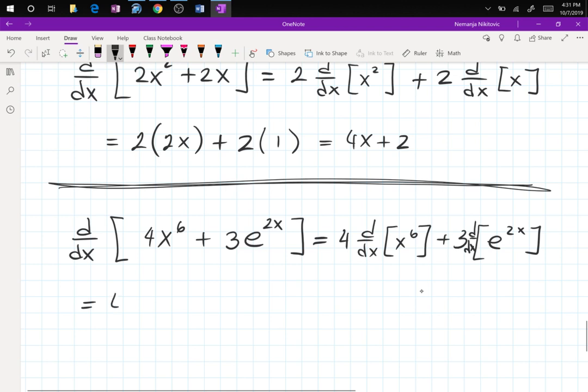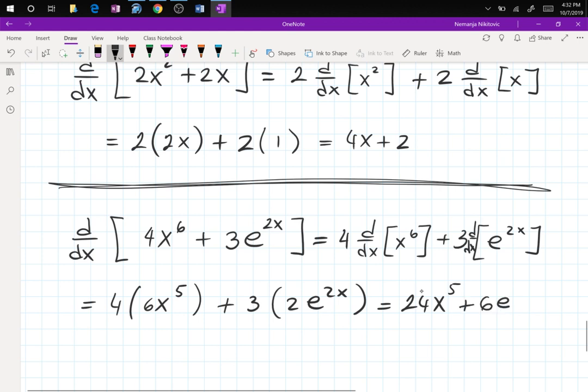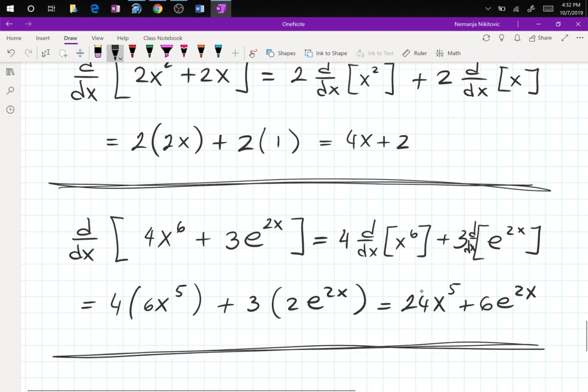So now we have 4 times 6x to the 5 plus 3 times 2e to the 2x, which is 24x to the 5 plus 6e to the 2x. Yeah, I got it right. The first one of many.